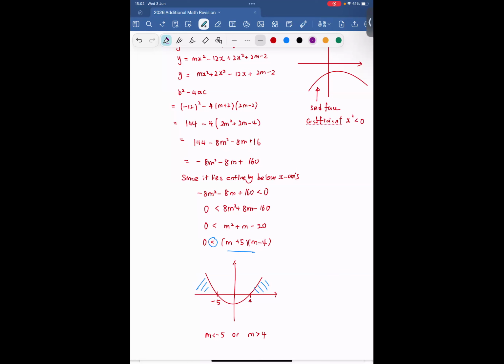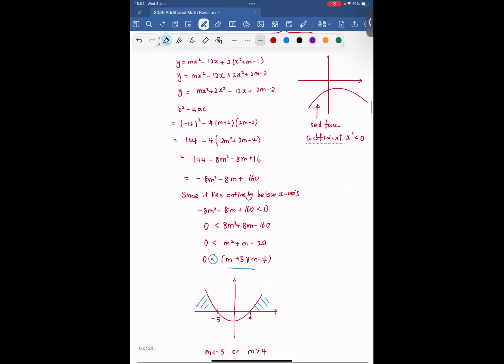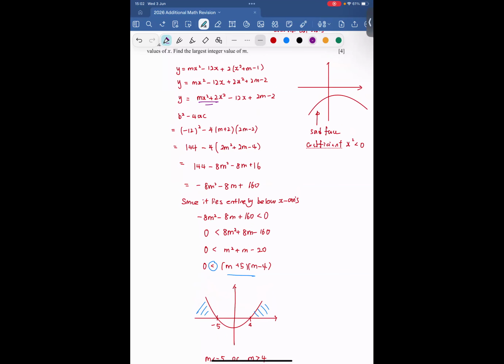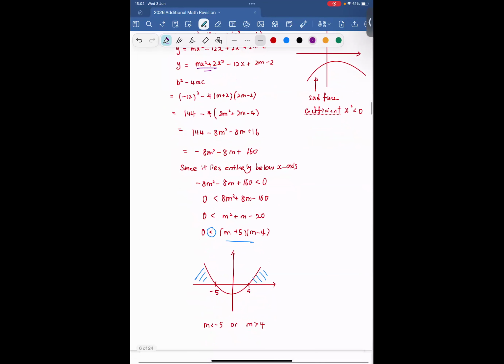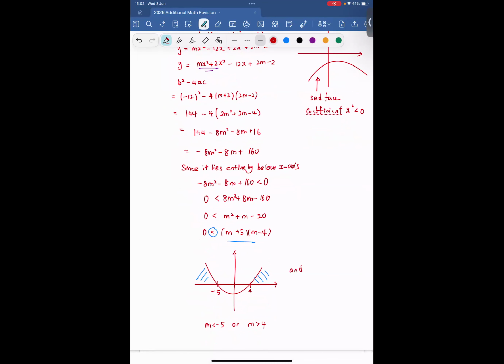Take a look at the coefficient of x squared here. The coefficient of x squared is m plus 2. So other than this condition that we need to fulfill, we also need m plus 2 to be less than 0. So m must be less than negative 2. So combining these two inequalities, your final answer should be m is less than negative 5.